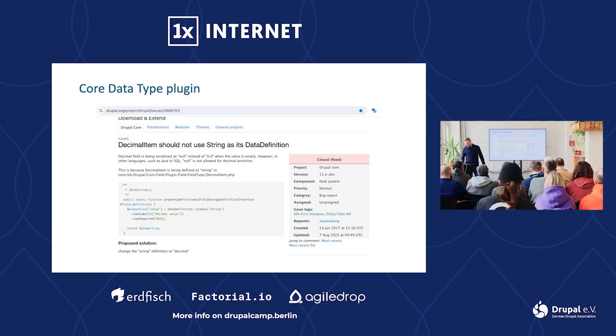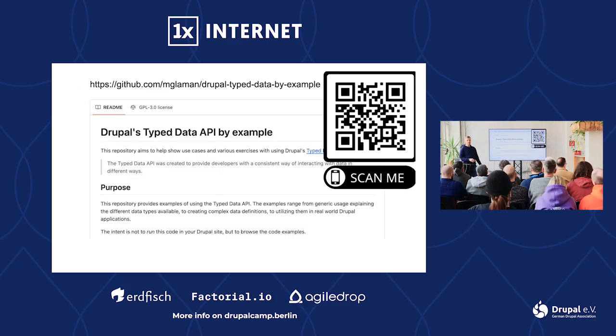So, okay, right now I will show you, we have 7 minutes still, some examples showing what the API looks like in code, and how you can use it. The good place to start is, probably you know this guy, Matt Glaman, if I'm not messing up his name, but you can go to this GitHub repository, scan the code, and there you will find some good examples with type data code.